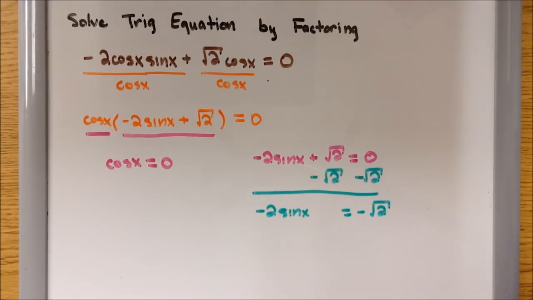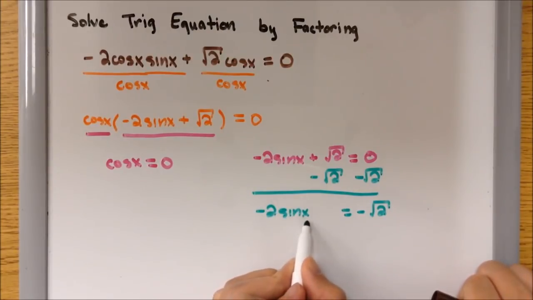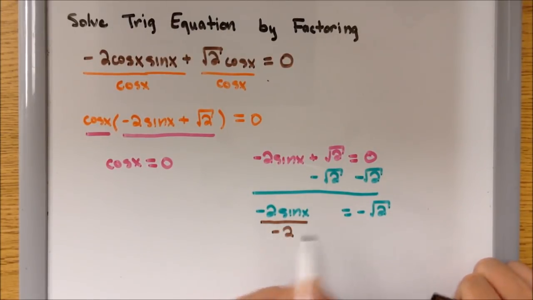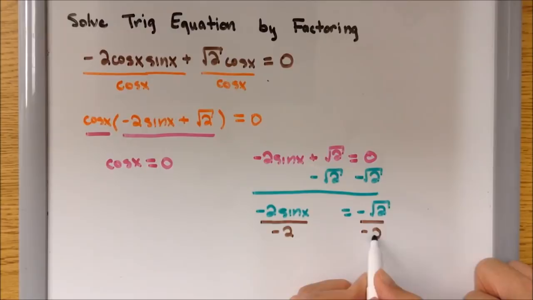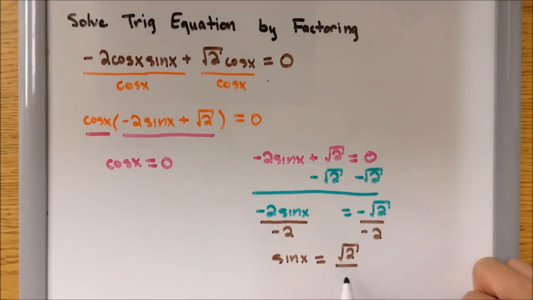And then I'm going to divide by negative 2 on both sides so that I can get sine of x equal, negative divided by negative will be a positive, square root of 2 over 2.